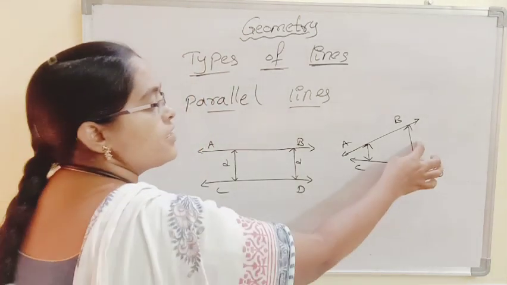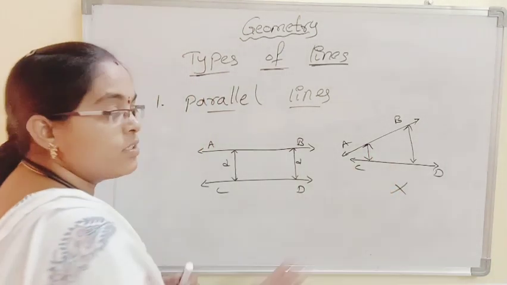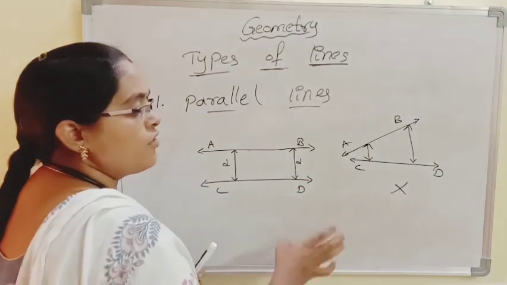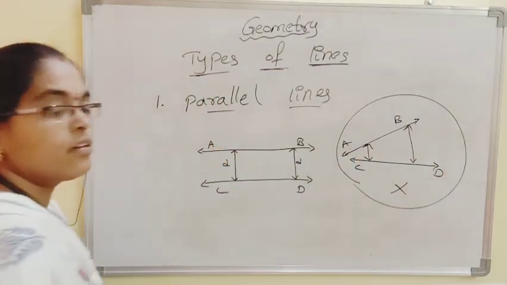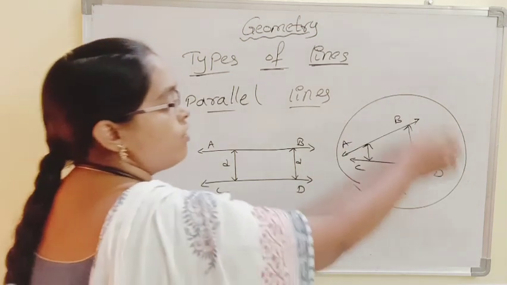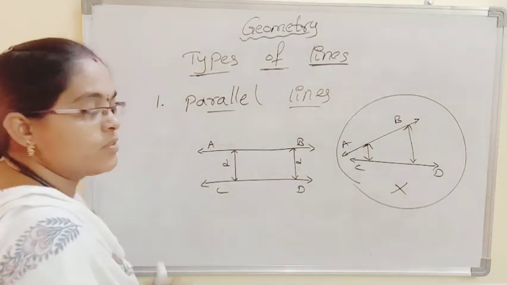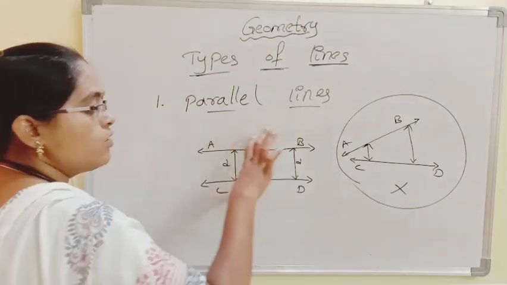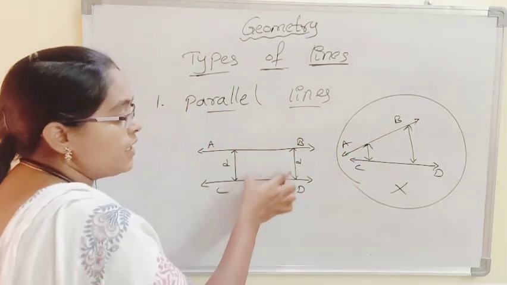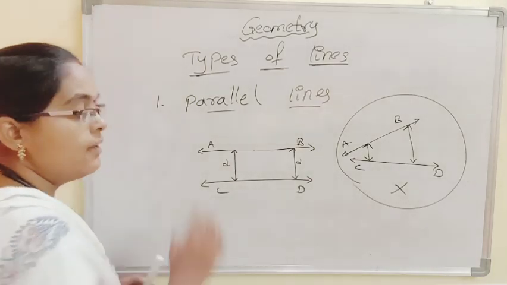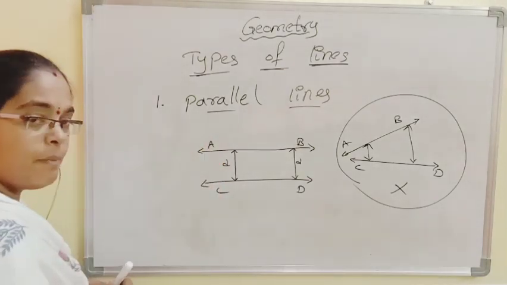Here the distance is more than this. So the distance is not constant. So these two are not parallel lines. Parallel lines means two lines which do not intersect at any place and the distance between the lines must be constant. Then we are calling these lines parallel.